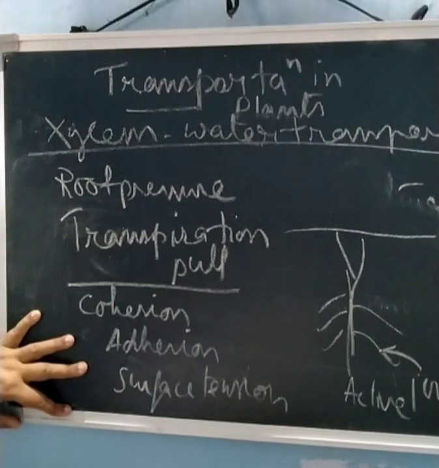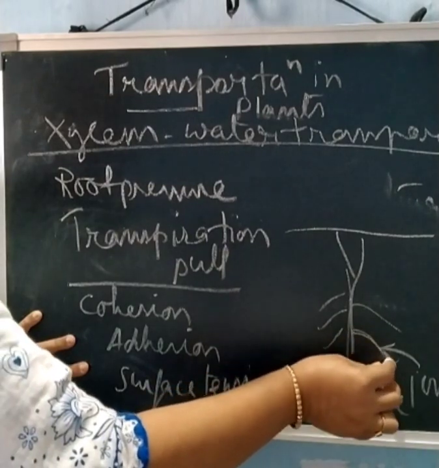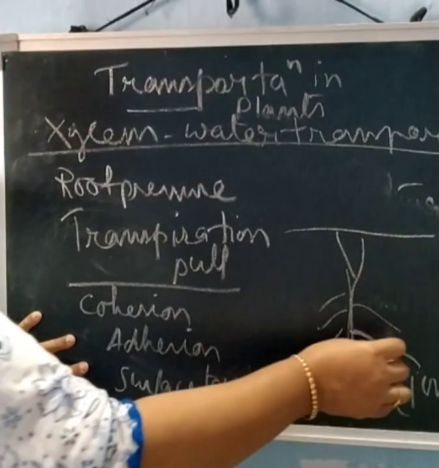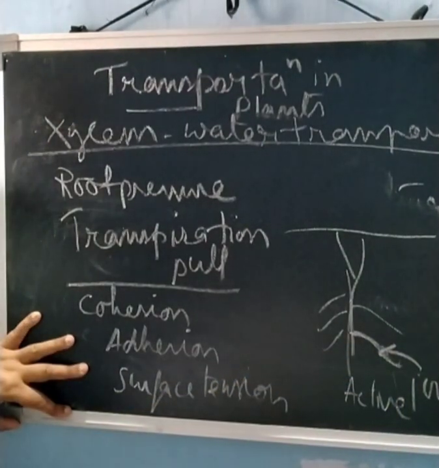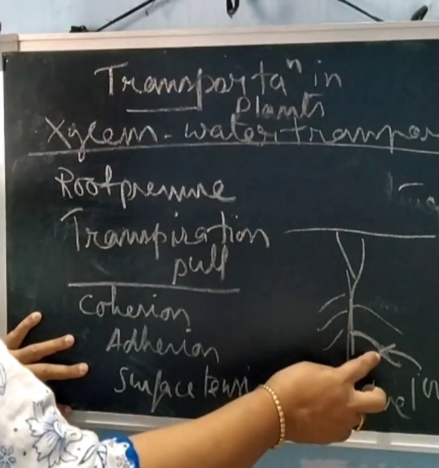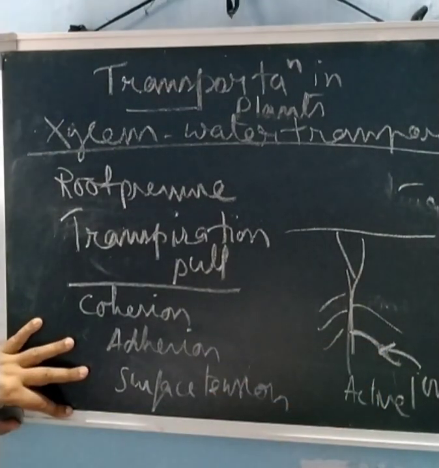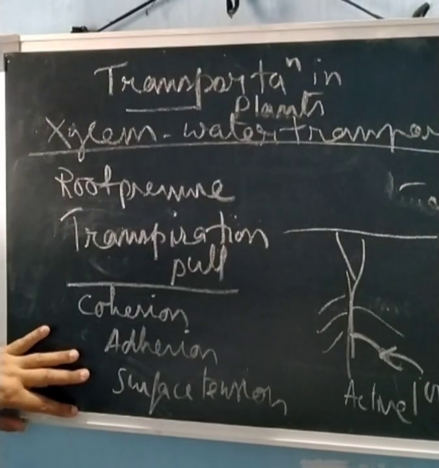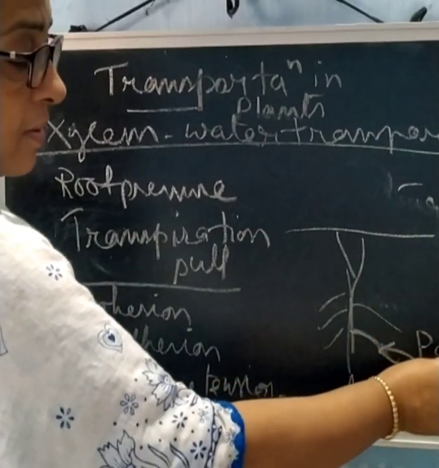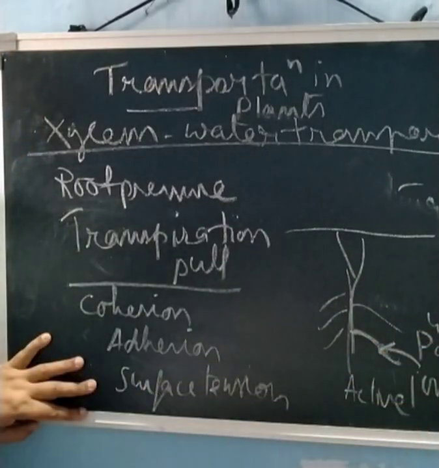So actively the ions get inside the root cells, so that a hypertonic medium is created here, and an osmotic gradient is created. You have read in class 9 that when the solute or ion portion is more inside the cell and less outside, then water will be passively absorbed by these root hairs. So there is passive water absorption because of this active transport of ions.